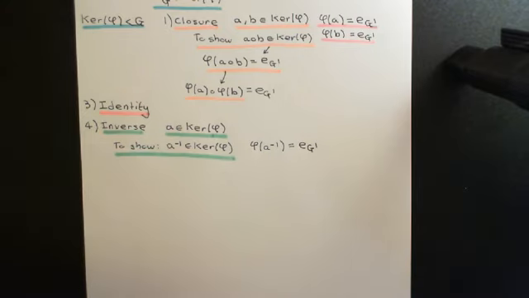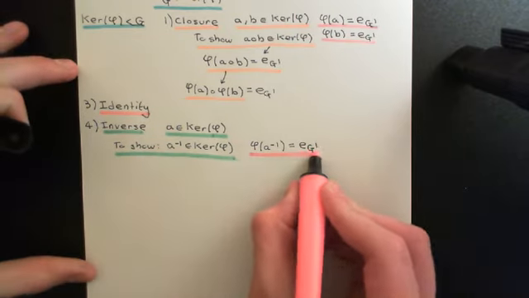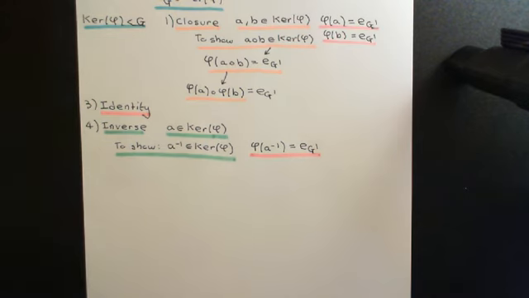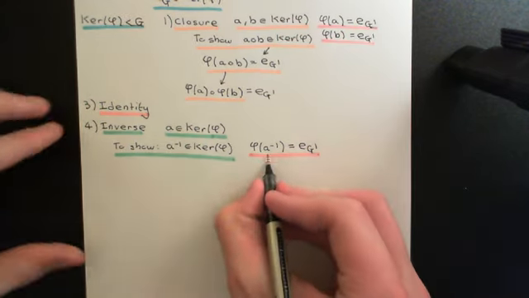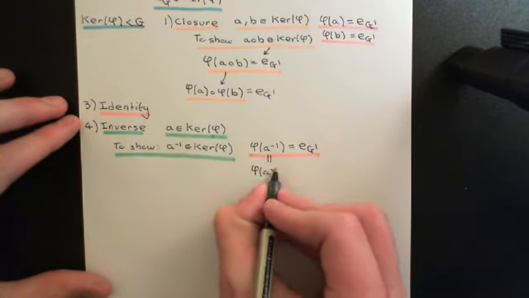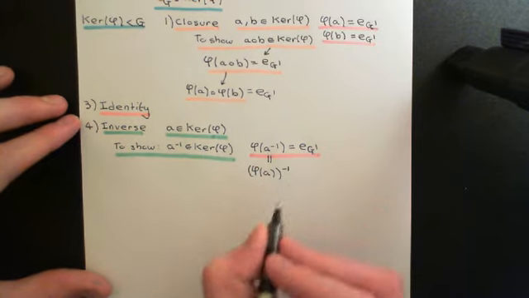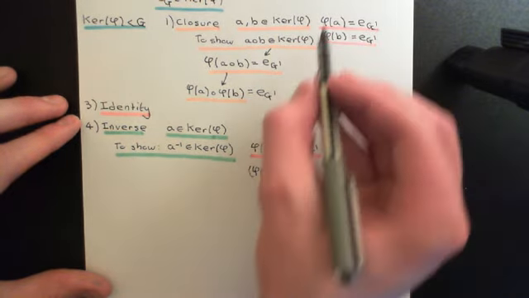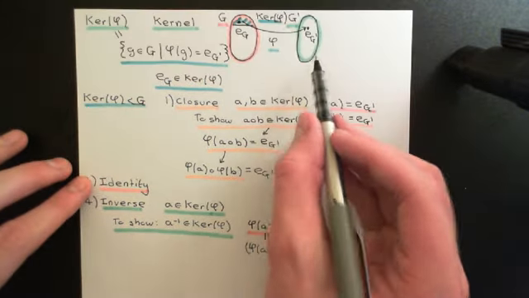Okay, this is exactly the same as proving this, basically. But now we can use a fact that we showed earlier. Okay, because we showed earlier that phi of a inverse is the same thing as phi of a's inverse. Okay, its inverse in the codomain group G prime here.